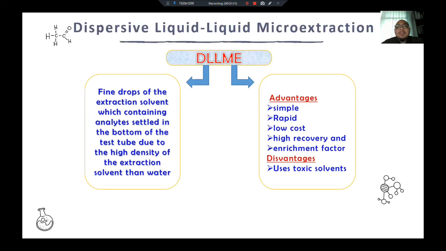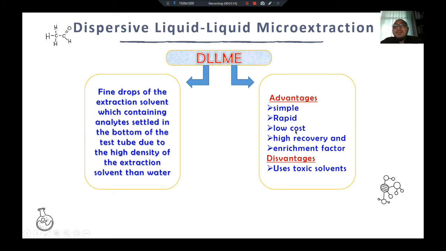In dispersive liquid microextraction, fine drops of the extraction solvent containing the analyte, very well dispersed, settle at the bottom of the test tube due to the high density of the extraction solvent relative to water. It means our extraction solvent will be well dispersed, and it will go throughout our sample.